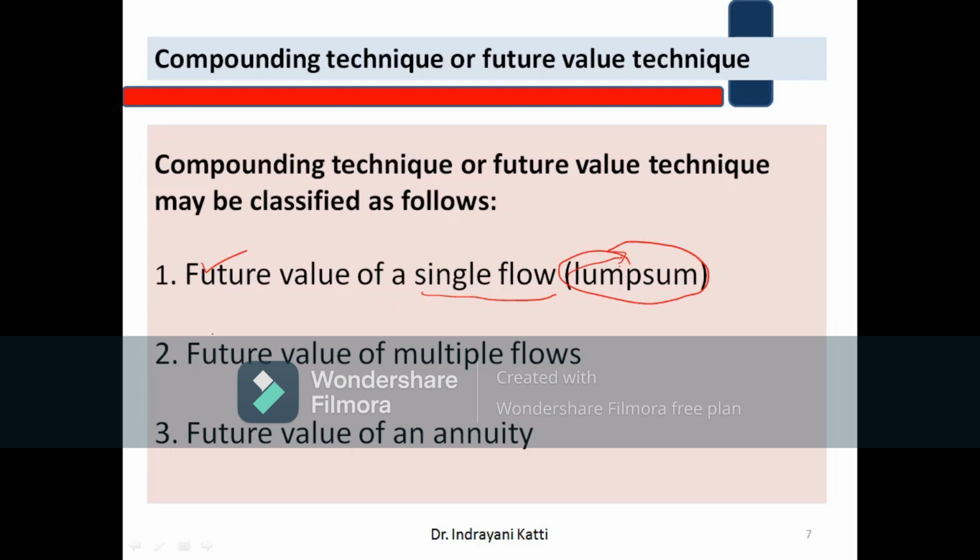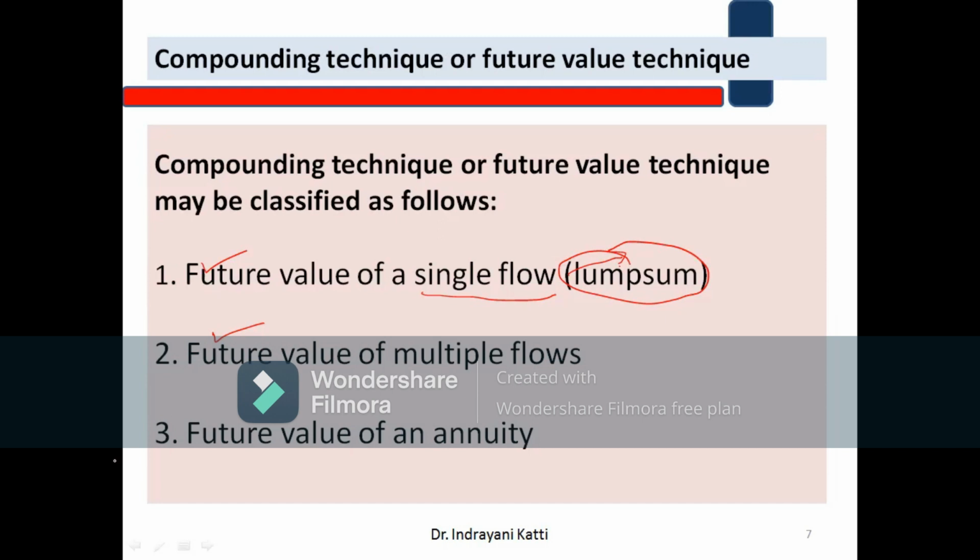The second one is future value of multiple flows. That is, one year you invest some amount, next time again a different figure. This year I have invested 1 lakh, next year 1,50,000, next year 2 lakh; likewise, different amounts are invested. This is called multiple flows, right? The investment made is different every time.